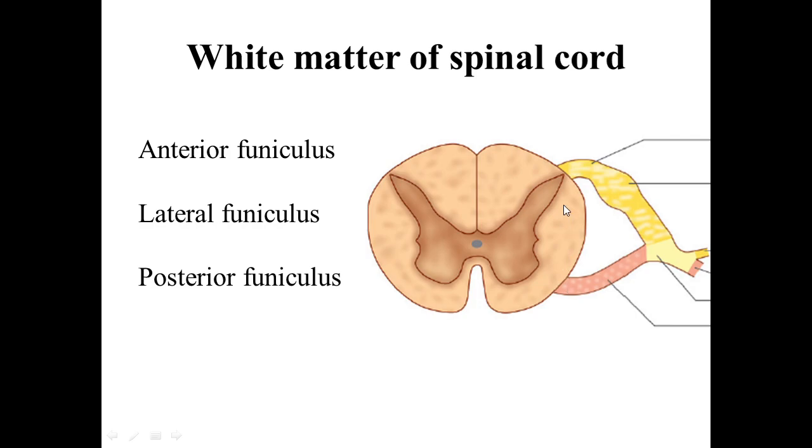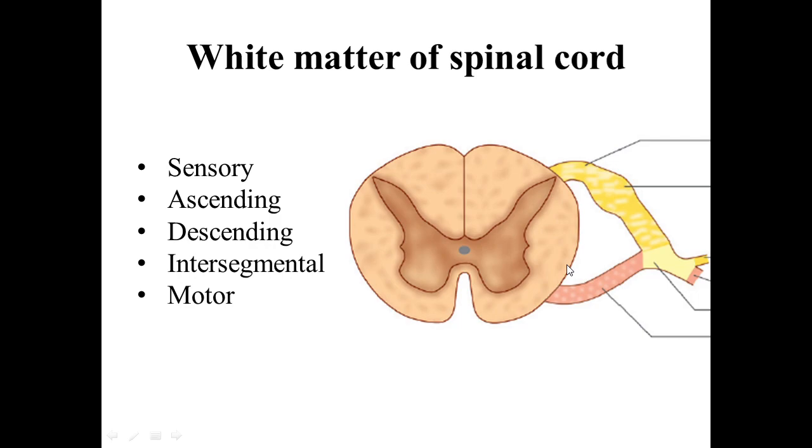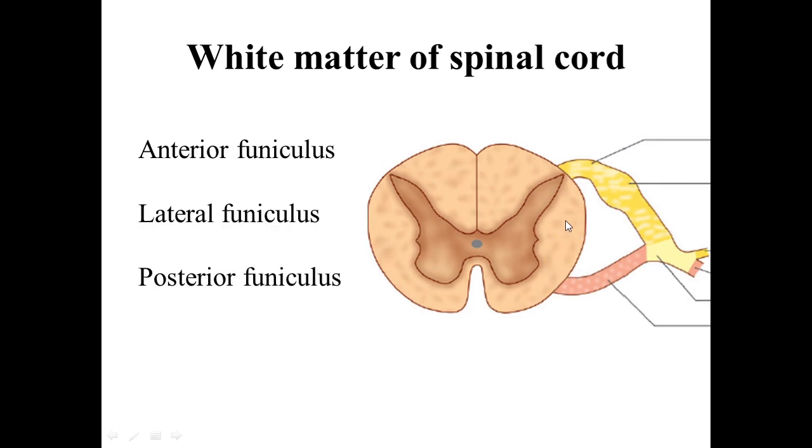And there is the posterior funiculus, which lies between the posterior median sulcus and posterolateral sulcus. So there are three funiculi: the anterior funiculus, the lateral funiculus and the posterior funiculus. And these funiculi consist of nerve fibers.